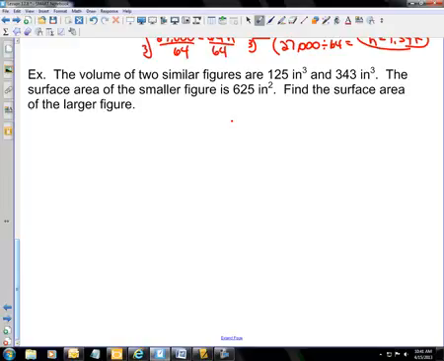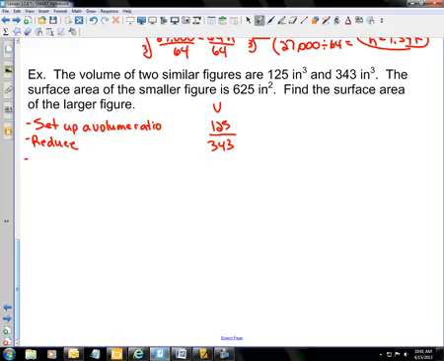So the first thing we're going to do is set up a volume ratio. The ratio of the volumes is 125 over 343. I would reduce that if I could, but you can't reduce this one.